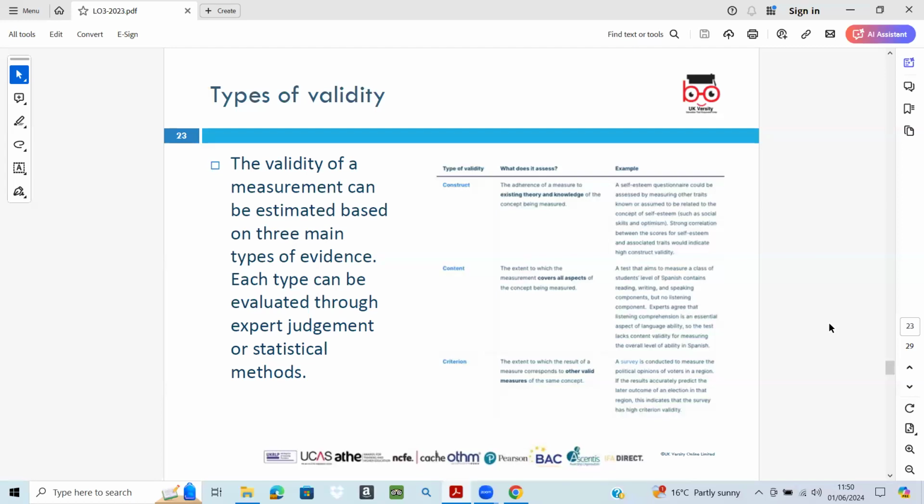So construct validity can be evaluated through various methods, including factor analysis, convergent and divergent validity testing, and hypothesis testing. These approaches help researchers determine if the measurement tool is truly capturing the intended construct. So I believe these are all the important aspects.